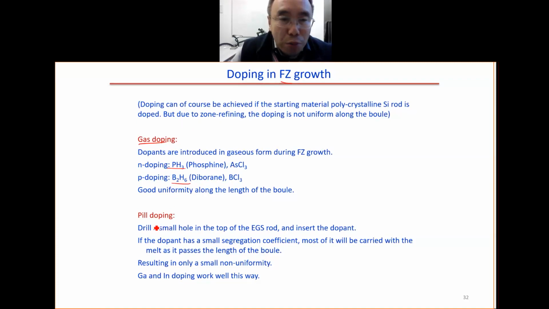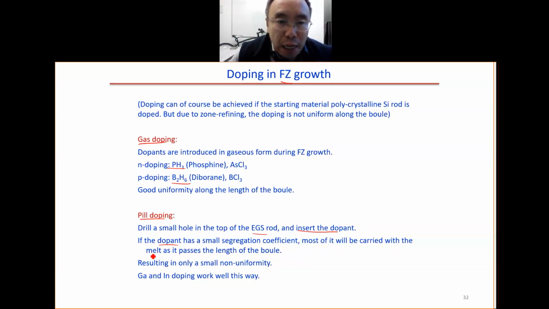Another way for the doping is called pill doping. We drill a small hole in the top of the EGS, electronic grade silicon rod, then we insert the dopant. Then we do the zone refining process. Because the dopant has a small segregation coefficient, most of the dopant will be carried with the melt.